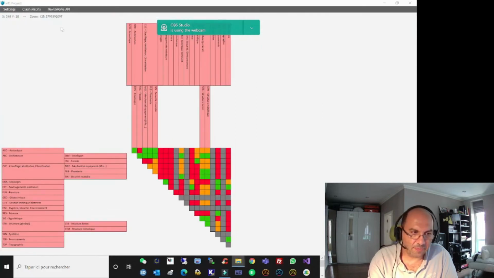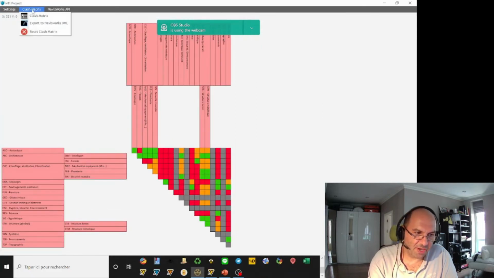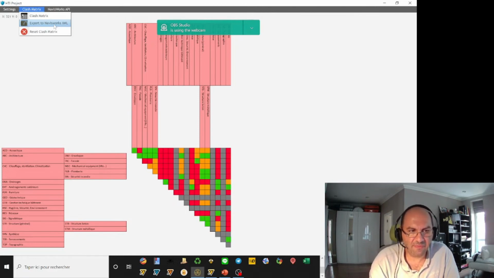And then I come back to my software and I will generate an XML file for Navisworks. So this XML file for Navisworks is specifically formatted to fulfill the standards of Navisworks. What does it mean? It means that, for instance, here we do have almost 150 cases or clashes to be handled.